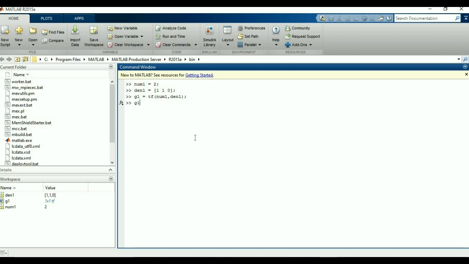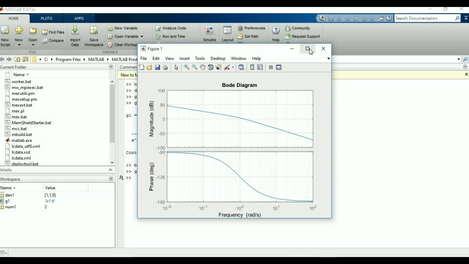So the transfer function is 2 upon s square plus s. Now to make the Bode plot of this, we simply type bode and in the bracket the transfer function. Now the Bode plot is done, and here you can see it.